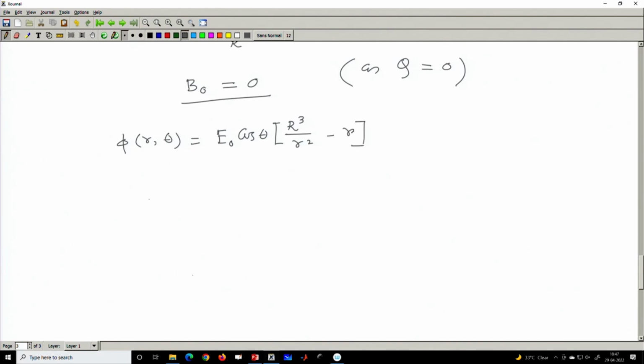Note that from here you can check that phi at R is 0, which it should be, because if you put small r equal to big R here, it should be R minus R, so it should give you 0. So it seems that the potential I calculated is correct.